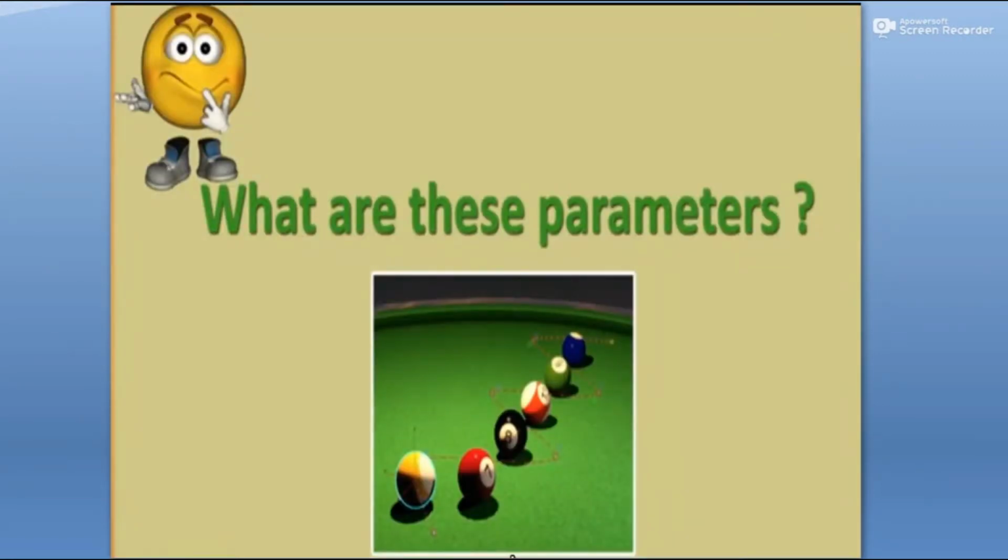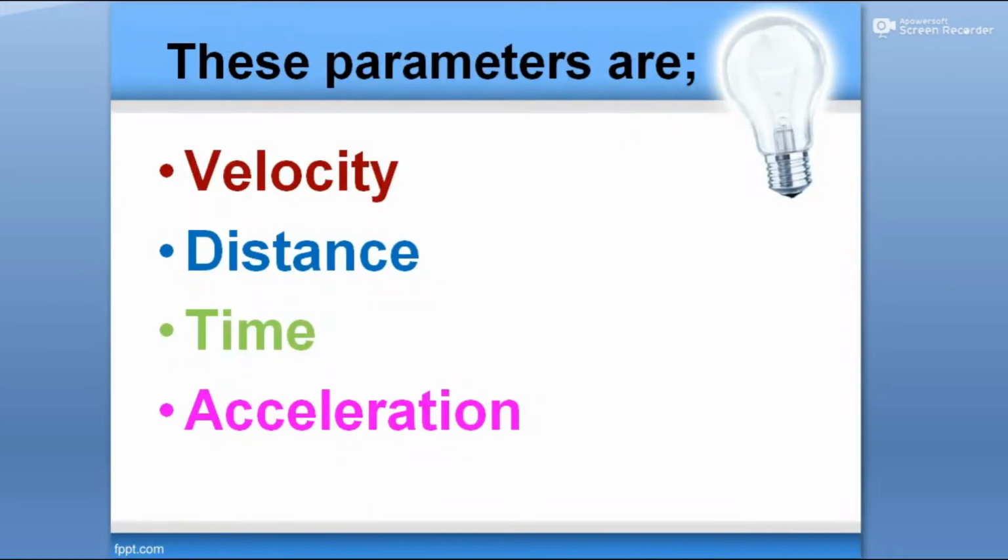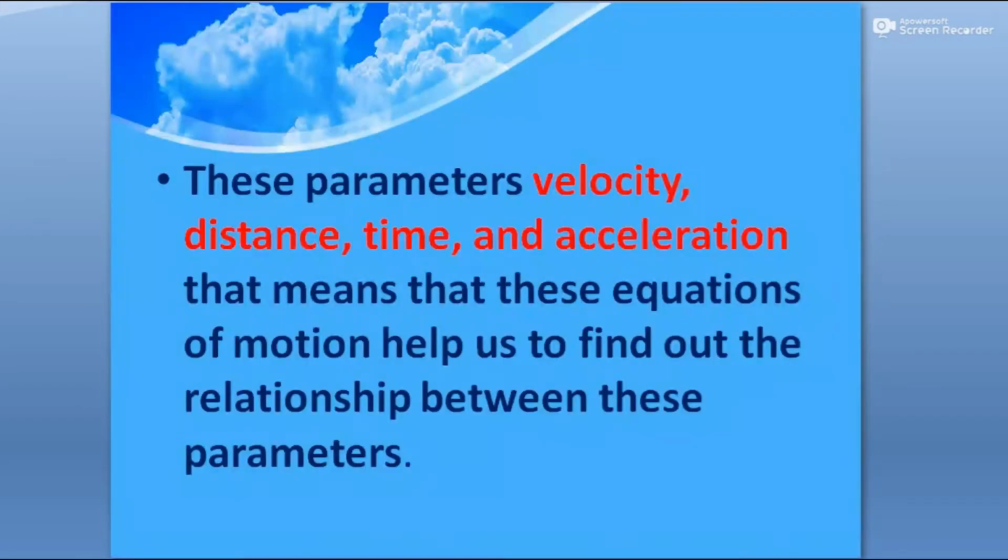What are these parameters? These parameters are velocity, distance, time and acceleration. That means these equations of motion help us to find out the relationship between these parameters.